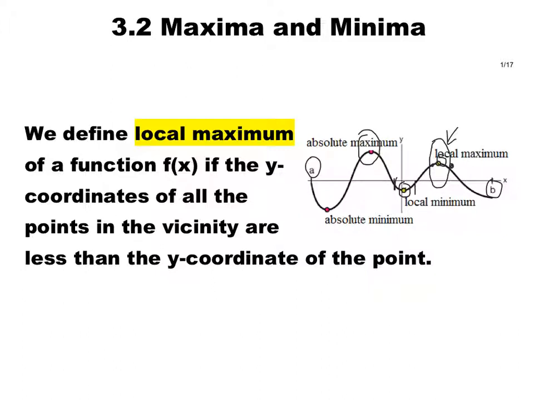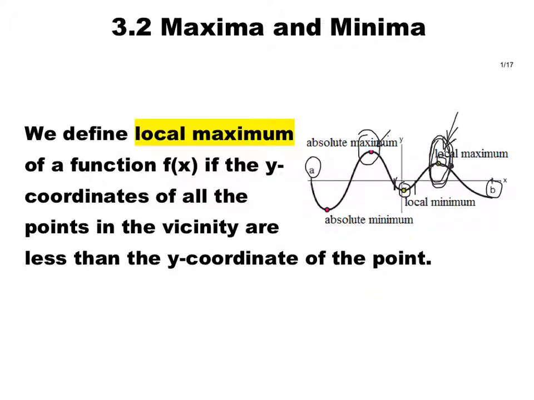This means that the function is maximum at this point in the domain A to B. So the function is having one point which is absolute maximum from A to B, and a local maximum like this point which is in this region.